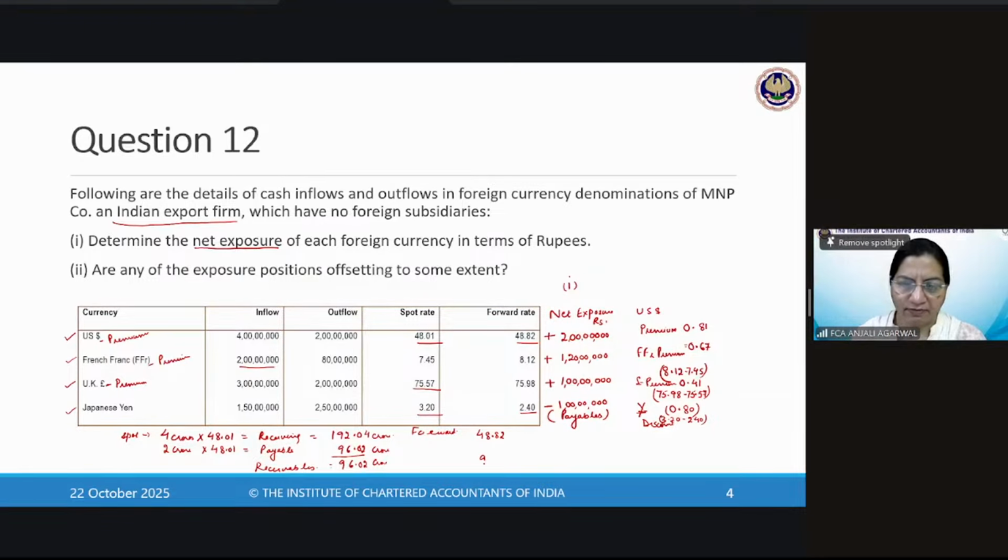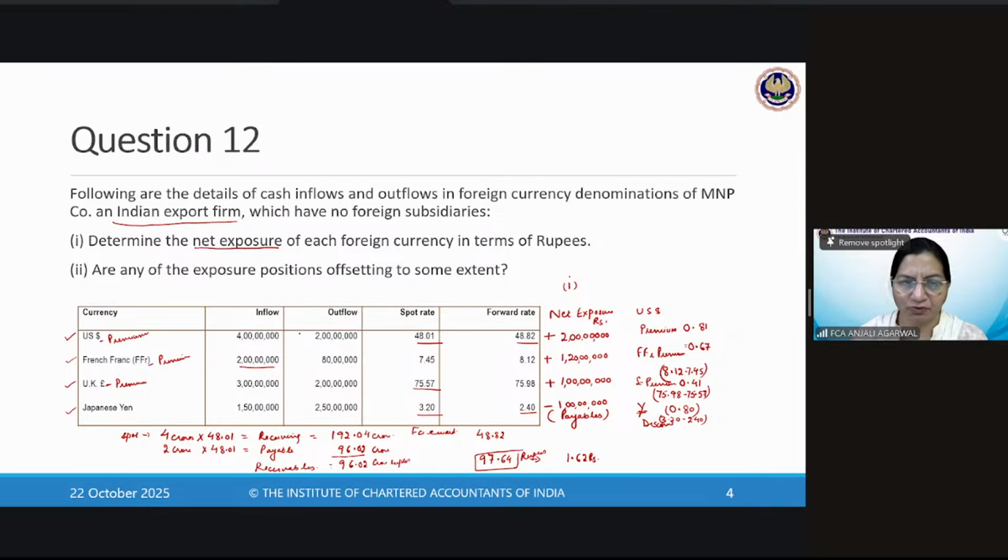So your net receivables is 97.64, right? Which is a bigger amount. Yes, 97.64. So you are getting more in terms of rupees now. So 97.64 minus 96.02. So you stand to gain 1.62 crores.